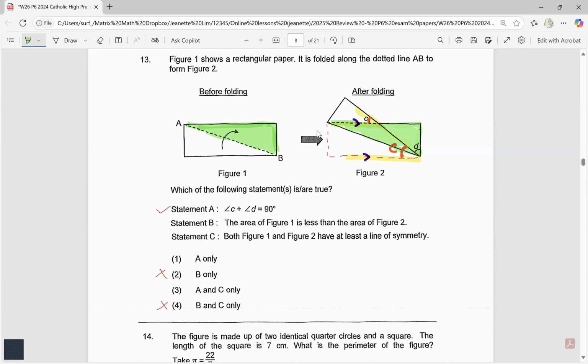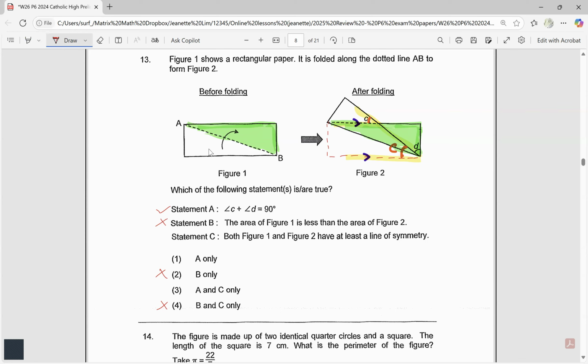Now the remaining parts, here, this one and this one, right? So this is definitely bigger than this one because it's the same as this, but there's an overlapping part. So this has to be smaller. Okay, so figure 1 is bigger than figure 2, so this one's wrong. So figure 1 is not less. Area in figure 1 is not less.